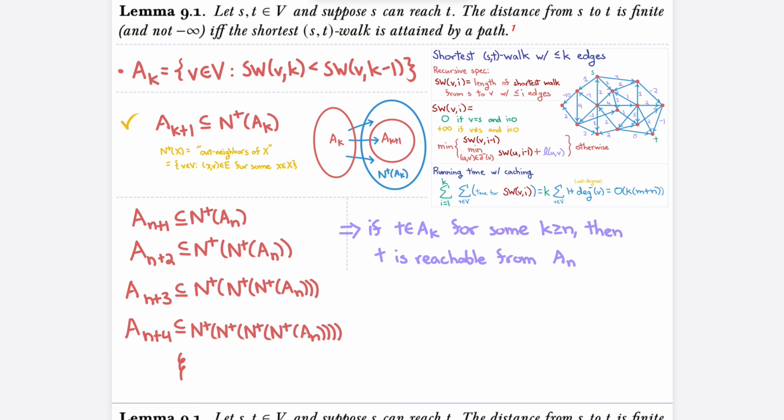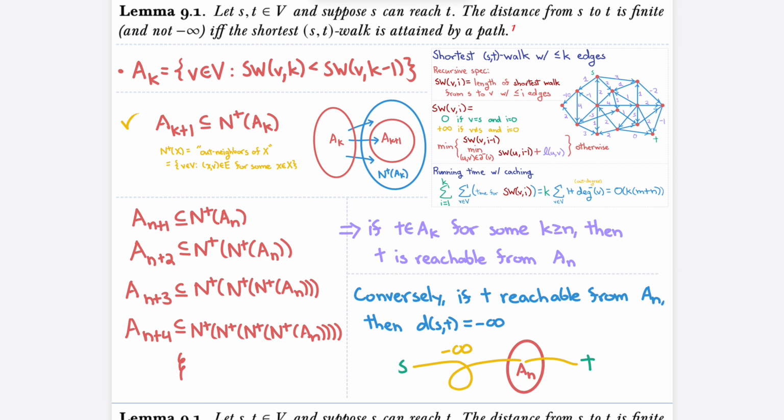And so that means that if your vertex goes down at any point after iteration n, including iteration n, it must be reachable from the vertices at iteration n. Because you're always working within this thing. And so that eventually gets that completeness you wanted, right? So now we have both directions.